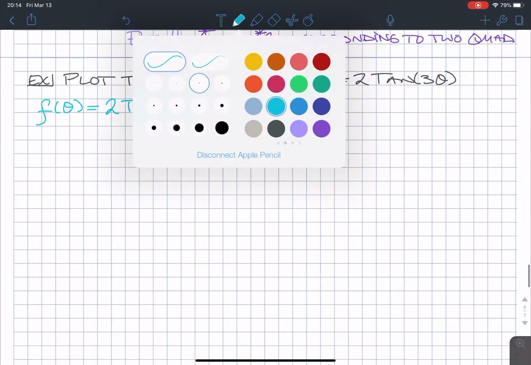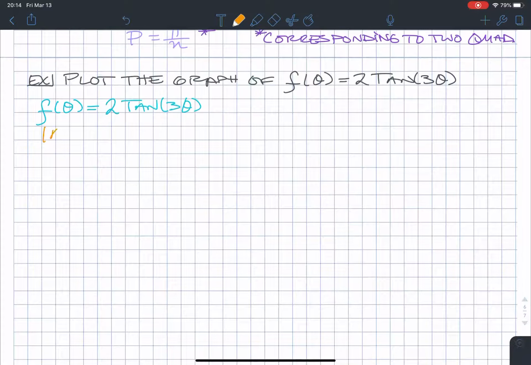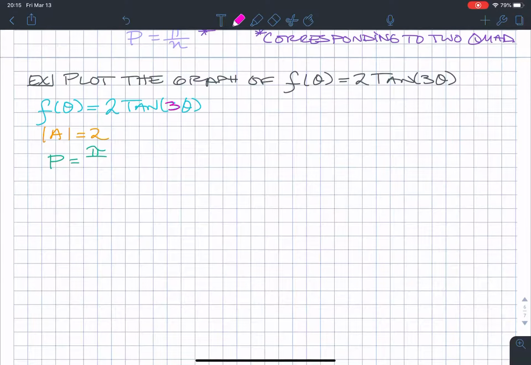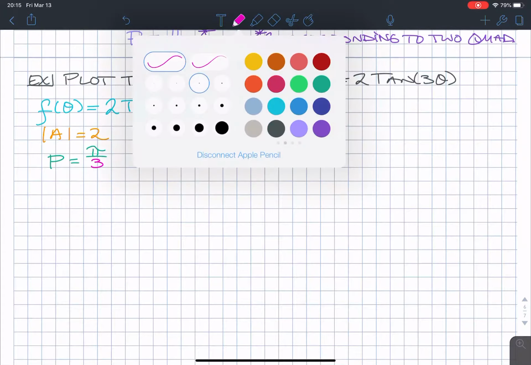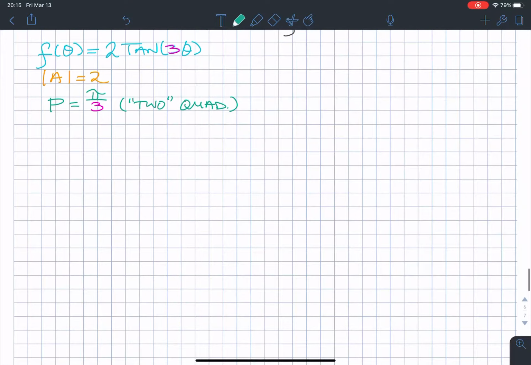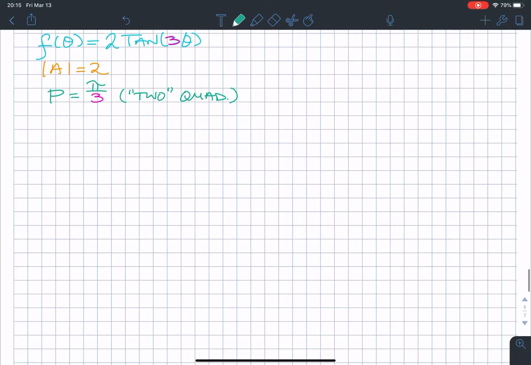So the amplitude A is 2. The period P is going to be pi divided by this 3 here. But remember that's, and I'll use quotations, 2 quadrants. So what do I mean by this 2 quadrant deal? So theta versus f of theta coordinate axes.